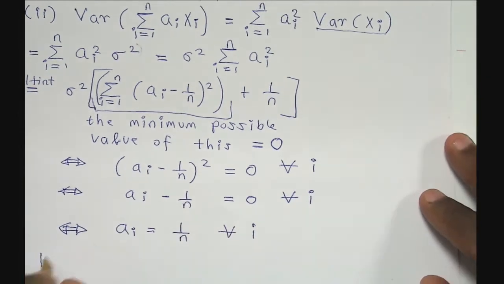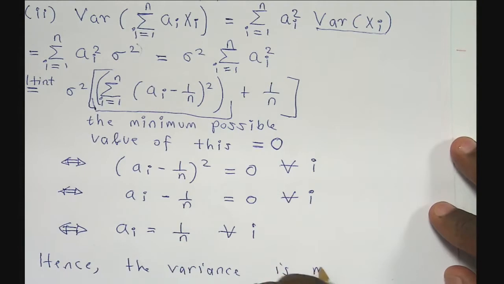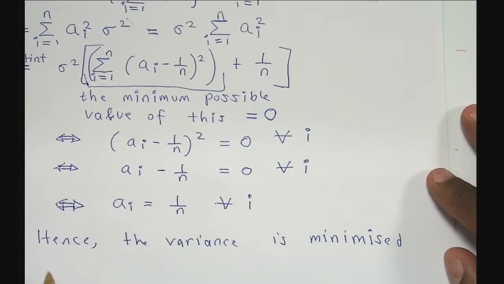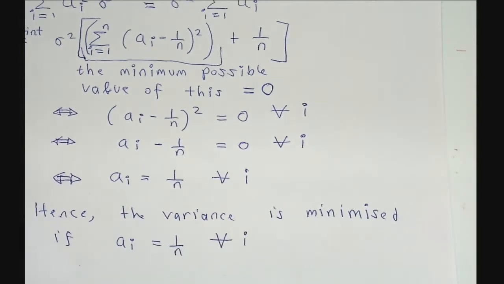Hence, to answer the question, the variance is minimized if ai is equal to 1 over n for every i. Is that clear, guys?